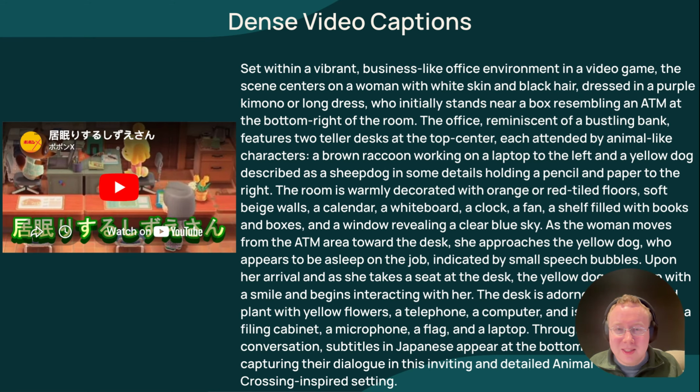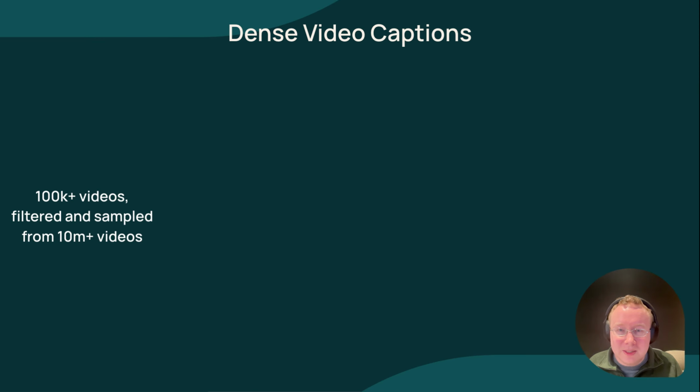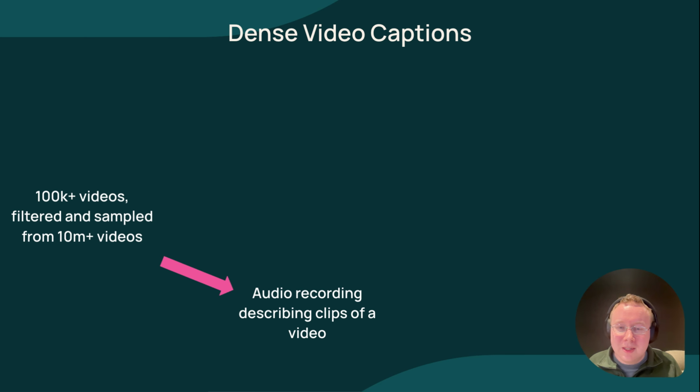So this dense captioning data set has 1 to 3 minute long videos accompanied by these really long, dense captions. And to build this, we had human annotators record clips describing individual clips of the video. So humans got a 5 to 15-second clip of the video and then would verbally record a description of that clip. And then they'd go through the whole video clip by clip.